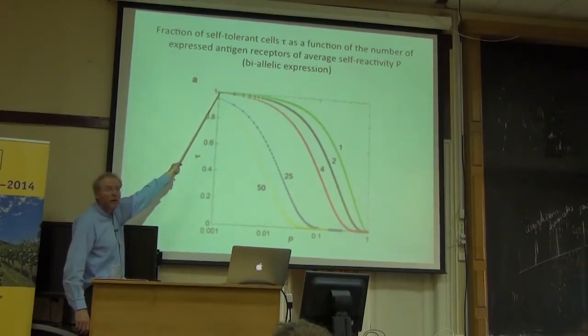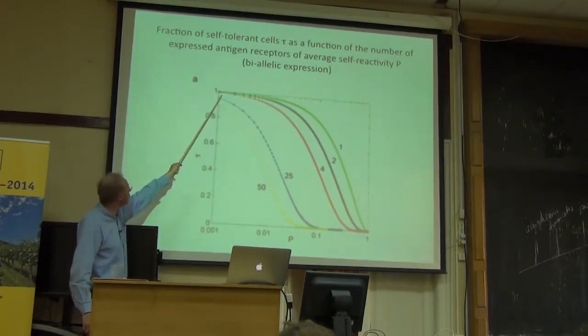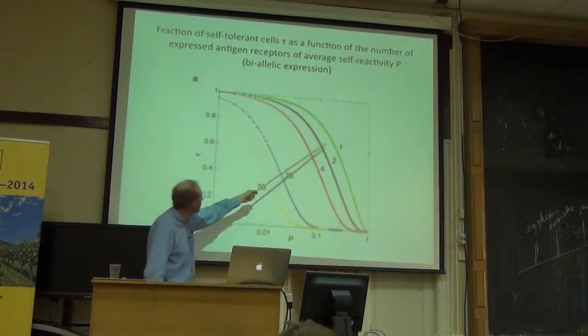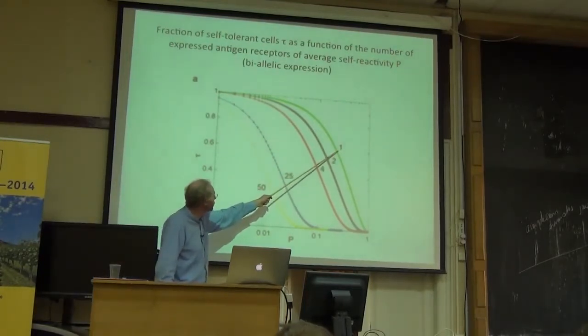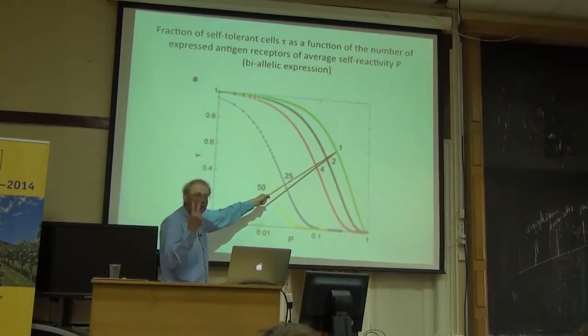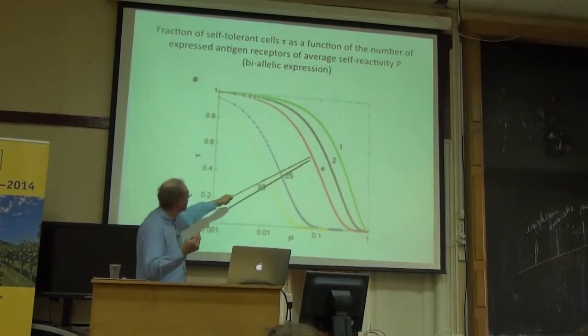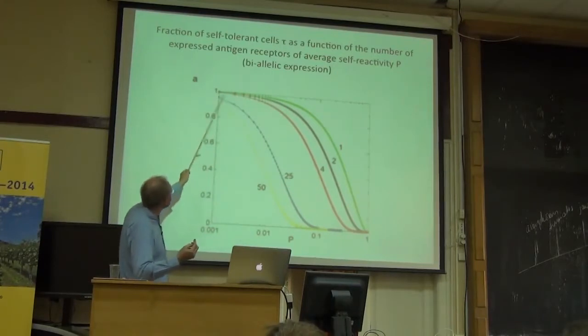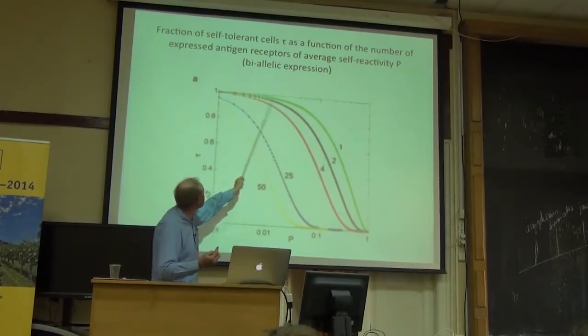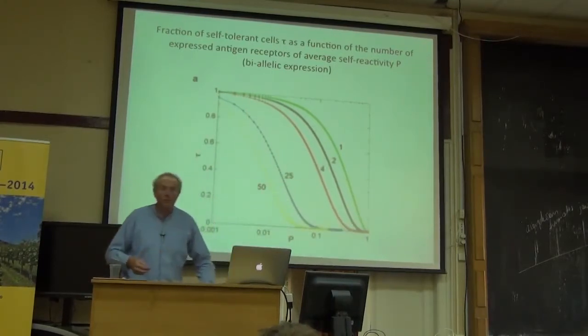So you can quickly calculate the fraction, and you can easily see, I mean, that's intuitive, but that's just the numerical solution to this. When you have only one receptor, that is 2 forms expressed, with a certain probability of self-reactivity, the fraction of self-tolerant cells is always maximal. This is always the best outcome.